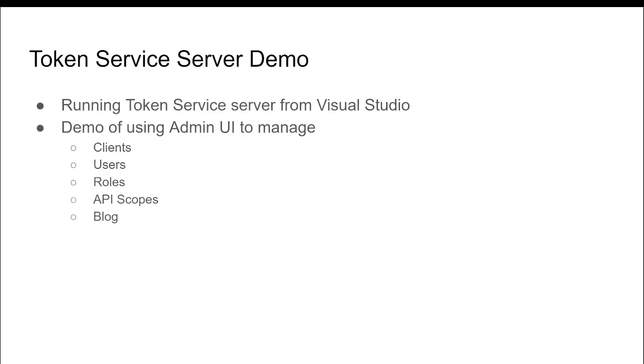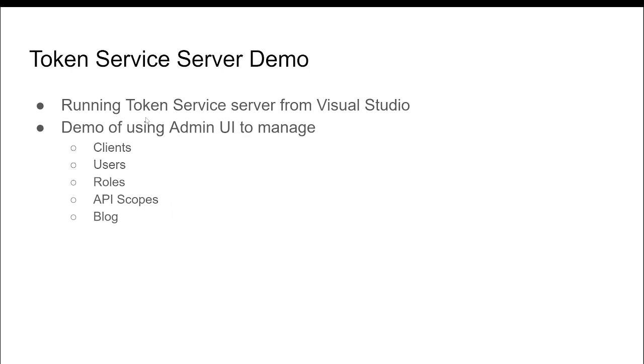So at this time, I'm going to go ahead and log into the token service server, and take a look at the admin UI, and look at clients, users, roles and so on.